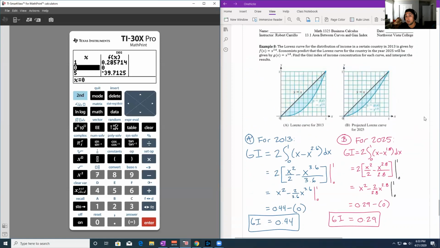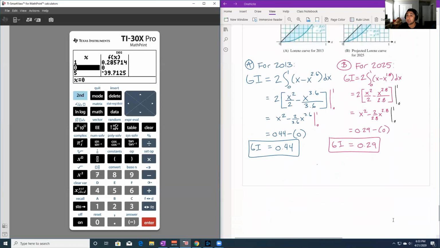So it is predicted that in 2025, their income will be distributed more equally, right? So we can say: in 2025, income is more equally distributed than in 2013. How's that?